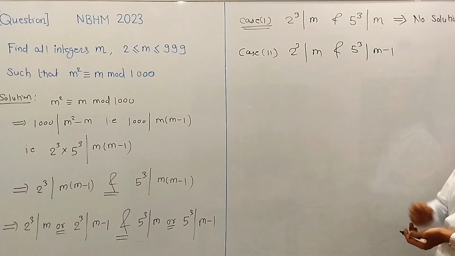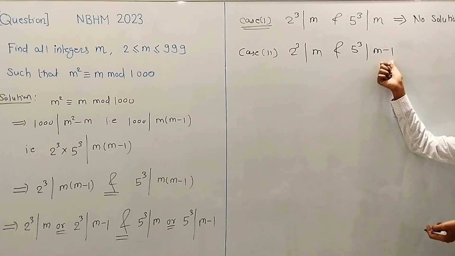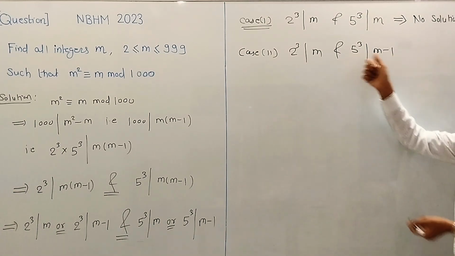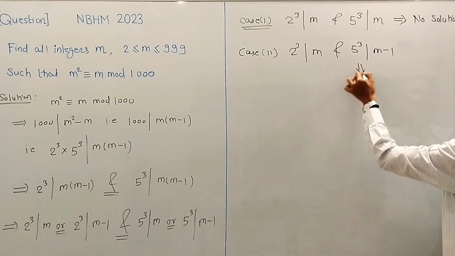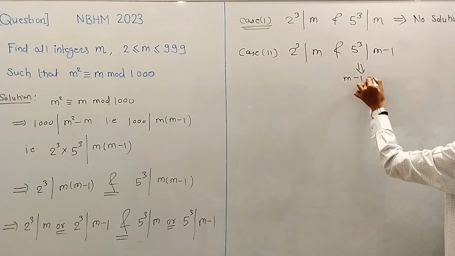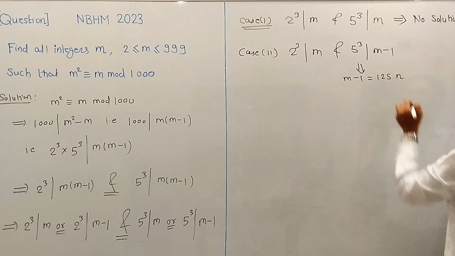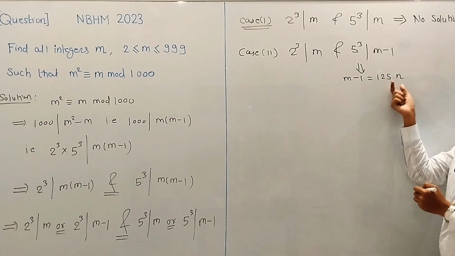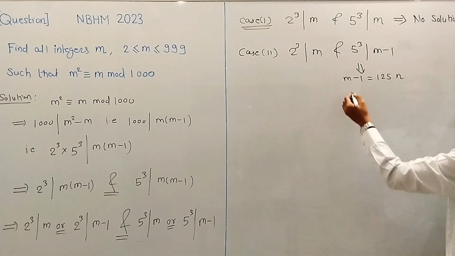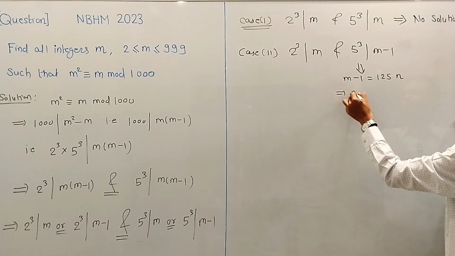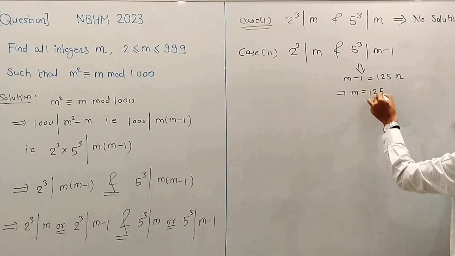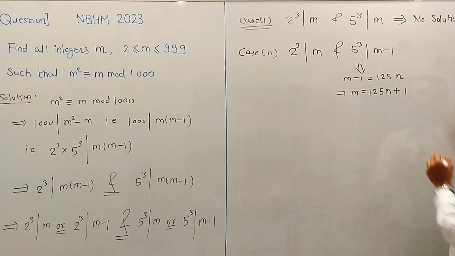Now a divides b means that b is a multiple of a. So from here we get m minus 1 is a multiple of 5 cube, that is 125 times n, where n is a positive integer. This implies m equals 125 n plus 1.